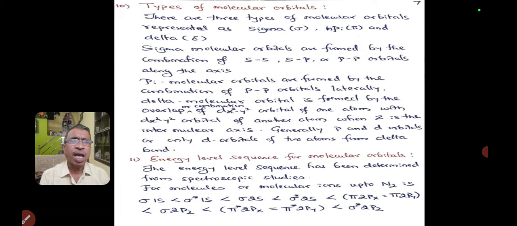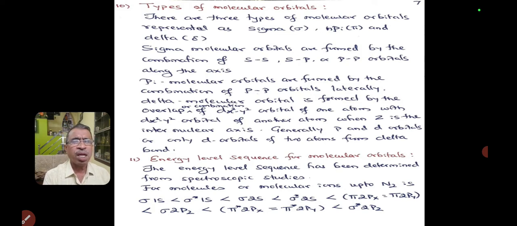Coming to the energy level sequence for molecular orbitals. As we know, for atomic orbitals, an electron in an atom first goes to the 1s orbital, next to the 2s orbital, next to the 2p orbital, and so on.